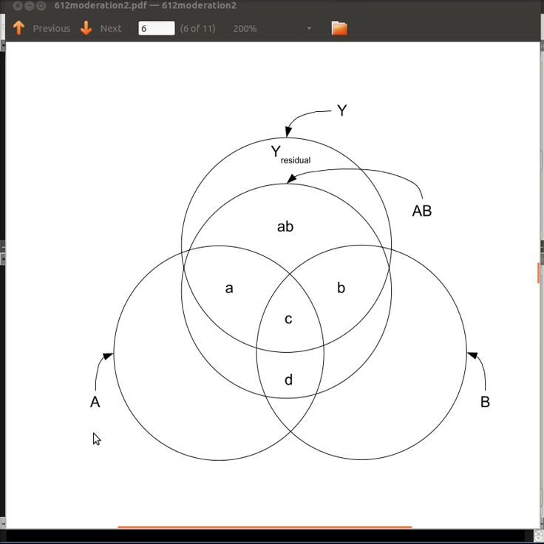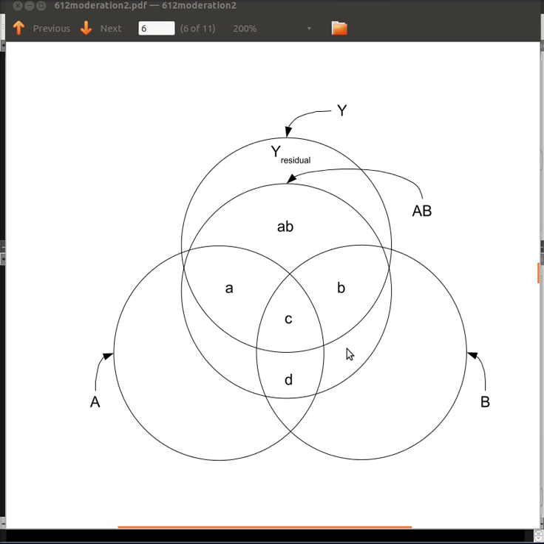I have an A, which is a primary predictor, and B, which is a secondary predictor maybe, and then a Y, which is my criterion or outcome. And now I have an AB, which is the interaction, that is A and B together. I shifted it up just for clarity and ease of demonstration.